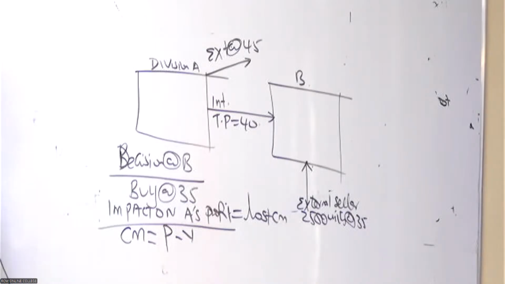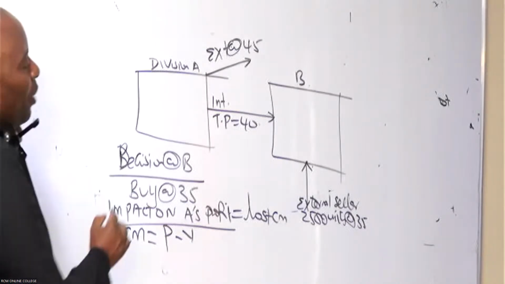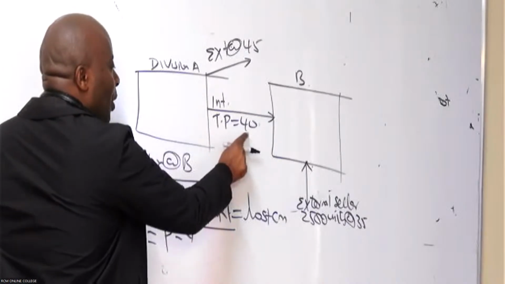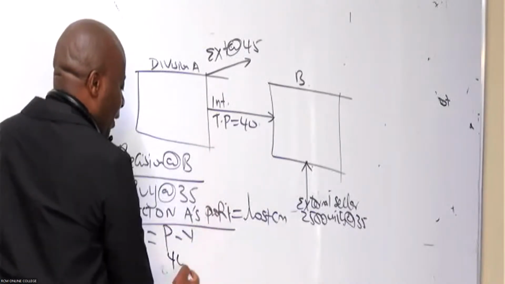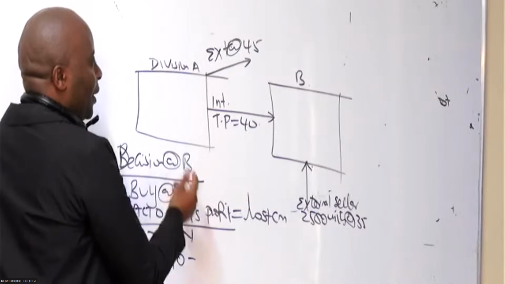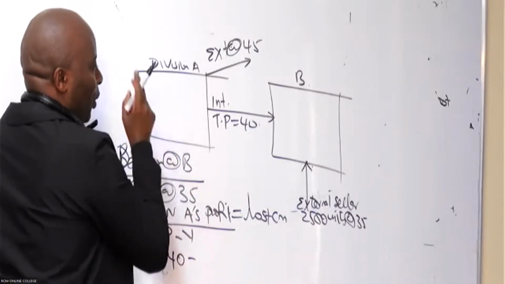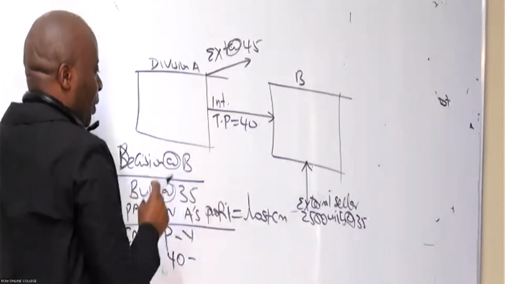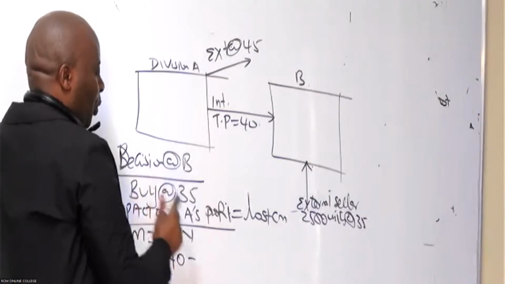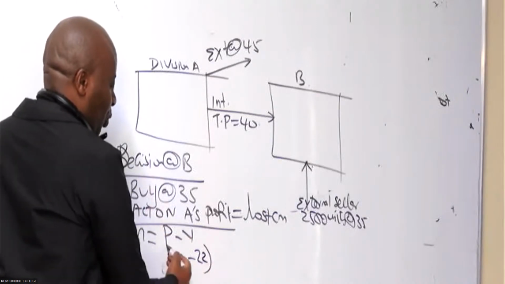If A were to sell internally, they would have earned a price of 40. And what is the variable cost for division A per unit? Variable cost is 22, I'm being told.